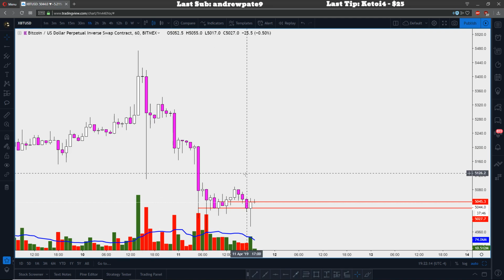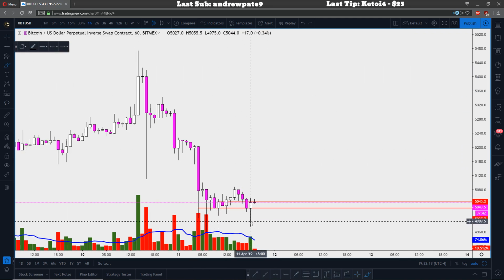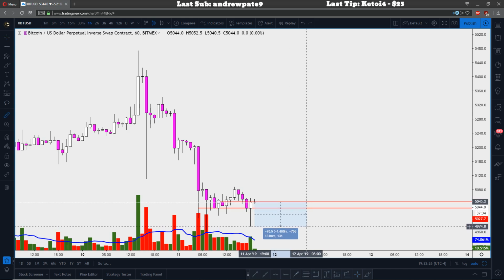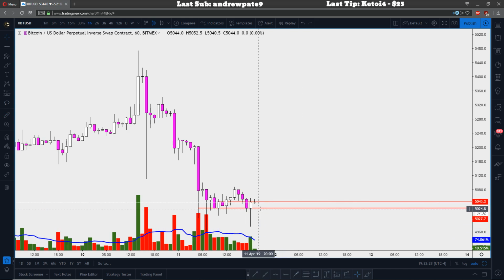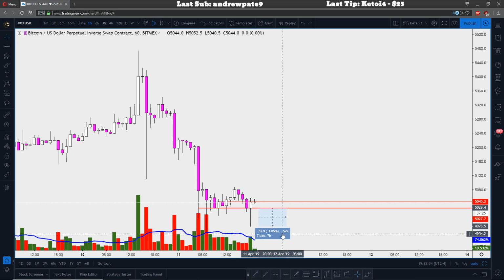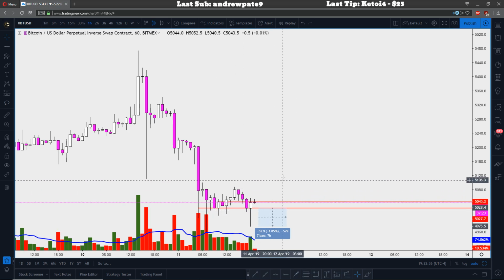And now once it breaks this level, depending on how tight of a trader you were, you may have taken profit here. Let's see how big of a move this was. Yeah, that was a 1.4% move, so you probably would have taken profit on that depending on how big of a trade you were going for. Even the low was a 1%. So you may have actually won this trade.